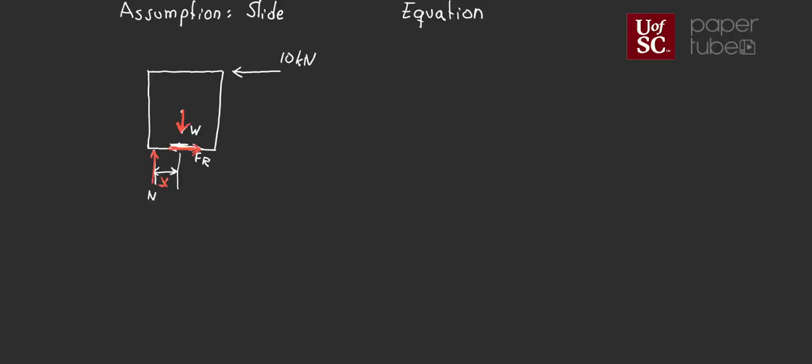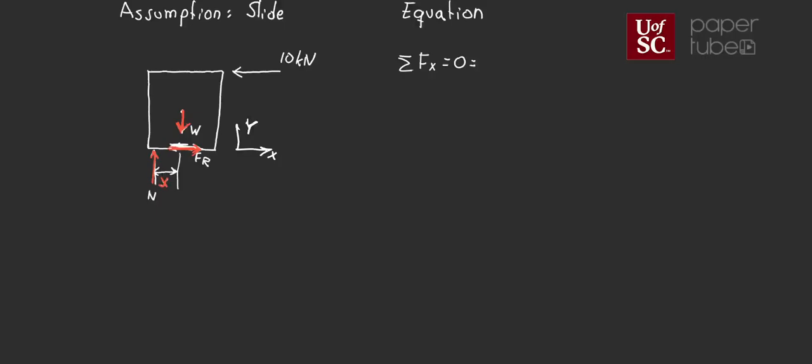So I'm going to start with an equation that is the sum of the forces in X. If we are in static equilibrium, because it is about to move, it's not quite moving yet, right? So if that is equal to 0, we have that my friction force, oh, I need to put my X and Y axis, right? So let me put them over here on the side. X and Y. There you go.